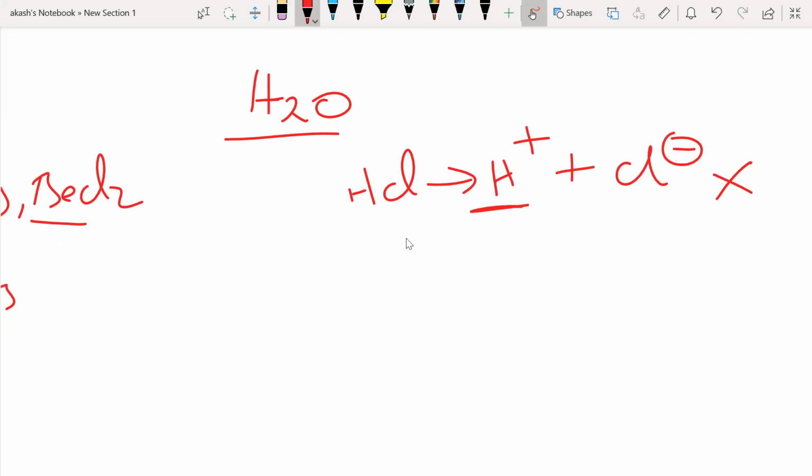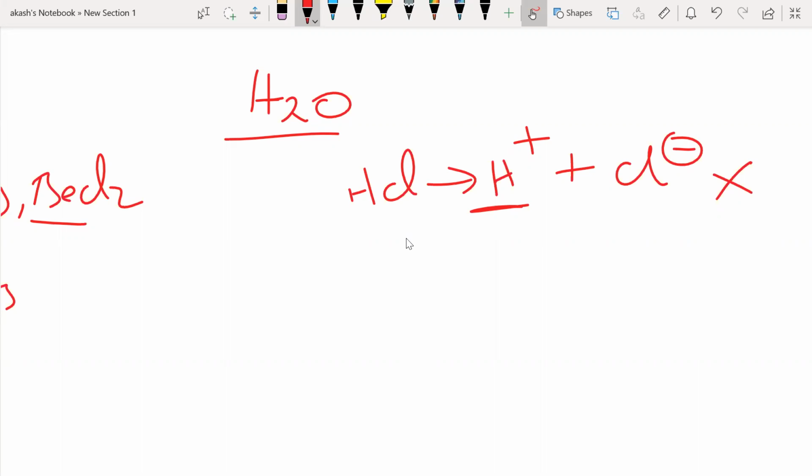Now, if there is something that is capable of giving me H plus, there should be something along with it to accept the H plus. There should be something along with the HCl in the mixture so that it will be able to accept the H plus, right? And the work of accepting H plus is done by the water molecule.